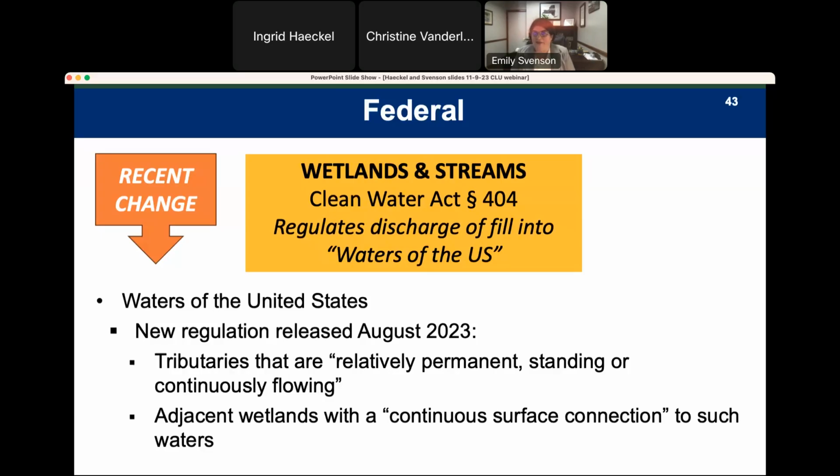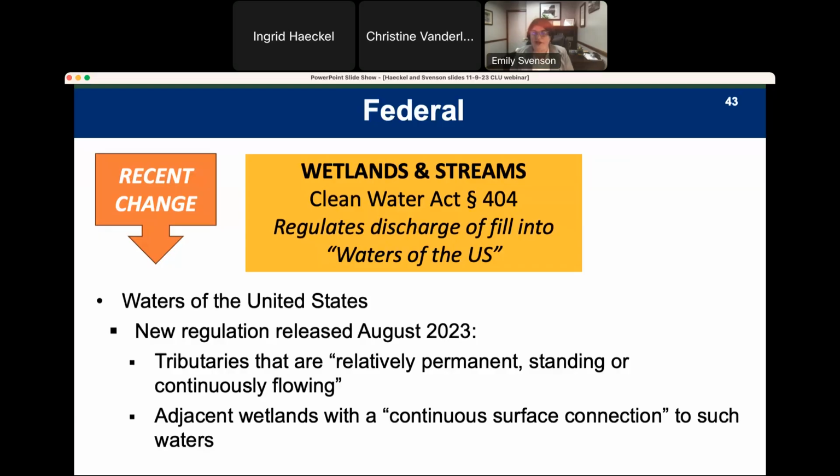And we can't really tell you right now where that line will be drawn. As far as wetlands, they have to have a continuous surface connection to one of those regulated rivers or streams. That means that isolated wetlands that are not connected to a stream are not regulated by the federal government.